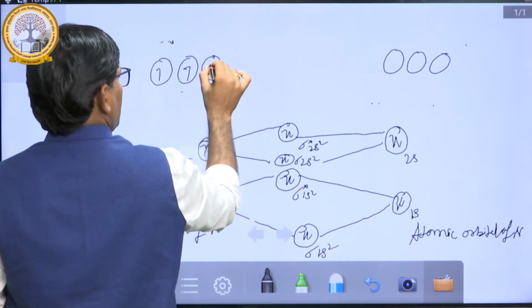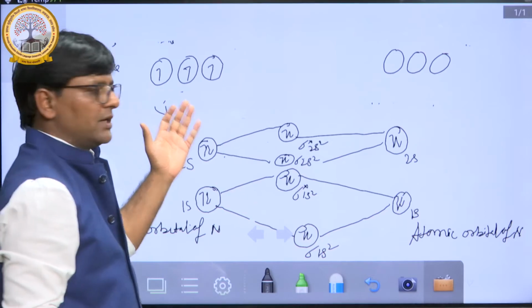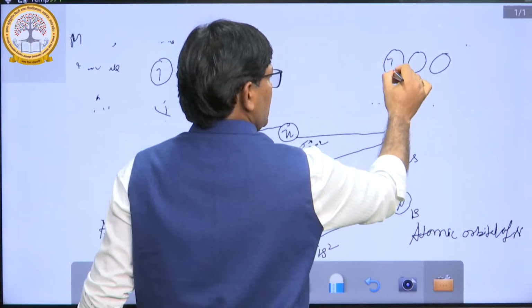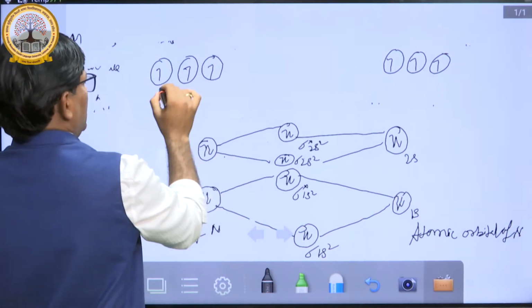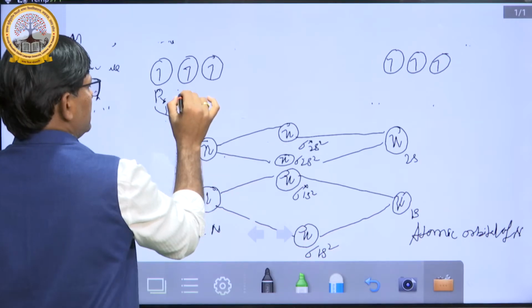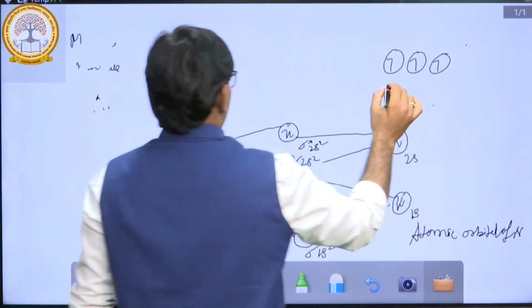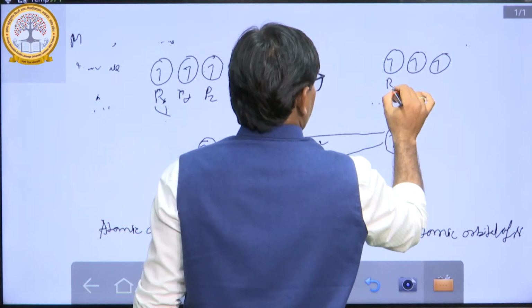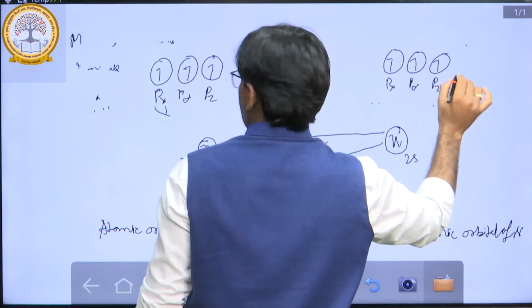That is the p orbital of one nitrogen atom and the p orbital of another nitrogen atom. Here you can write px, py, pz, px, py, pz.